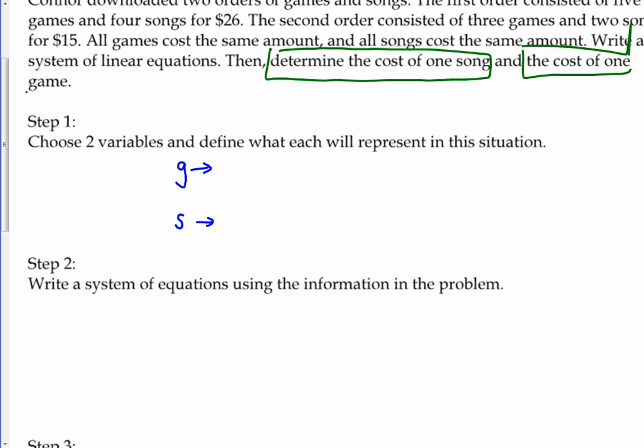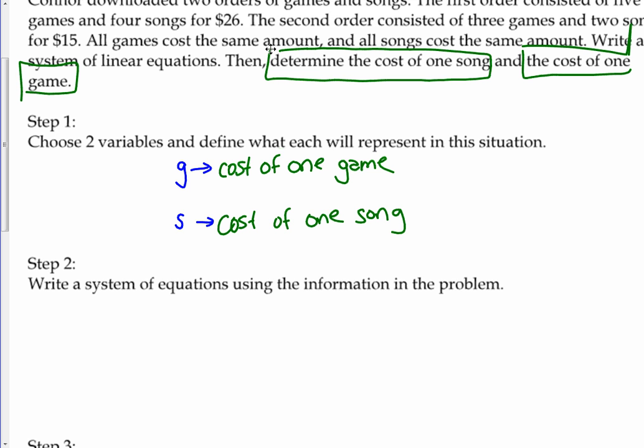So there's your variables, okay? In the question is your variables. So G actually stands for the cost of 1 game. And S would be the cost of 1 song. That's what you're looking for. That's your unknown. We know the number that they purchased. We don't know the price of each one.